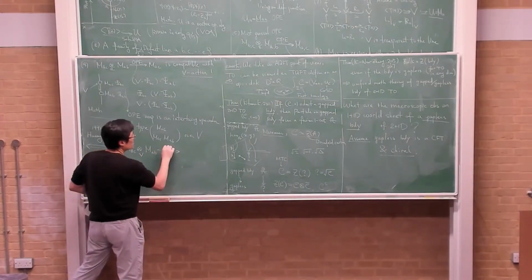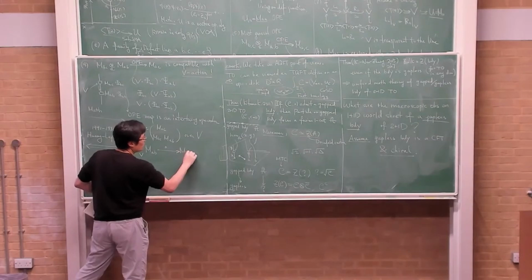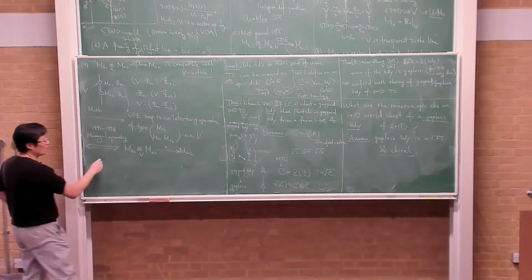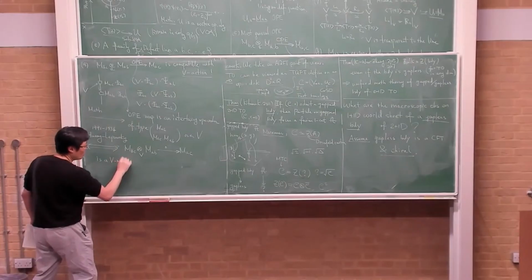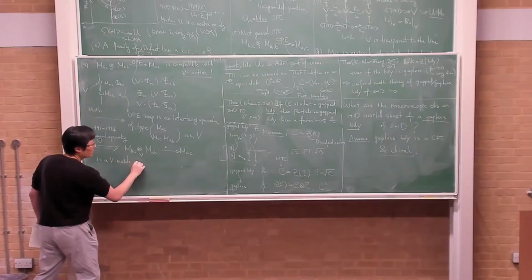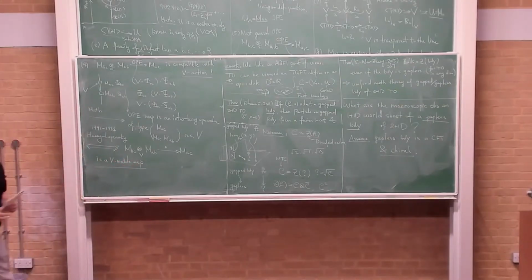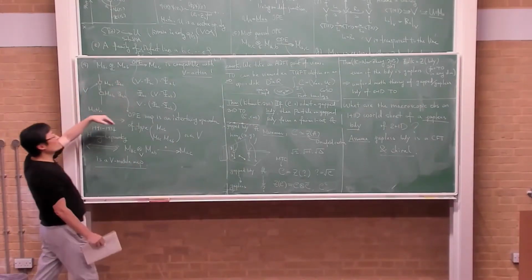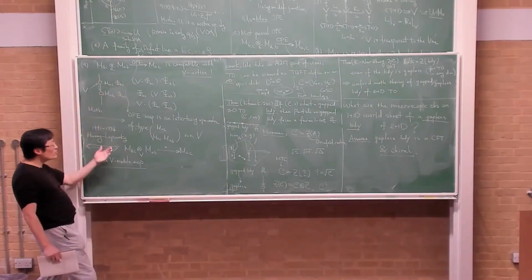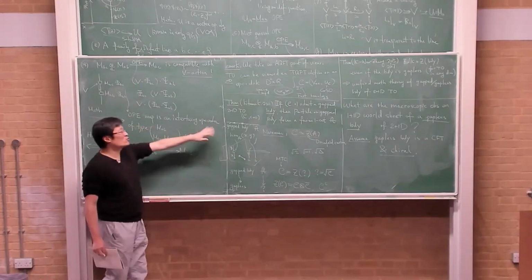So this makes sense. A V module map. To say there is an OPE satisfied, which is compatible with the V action, is equivalent to saying this OPE map defines an intertwining operator.